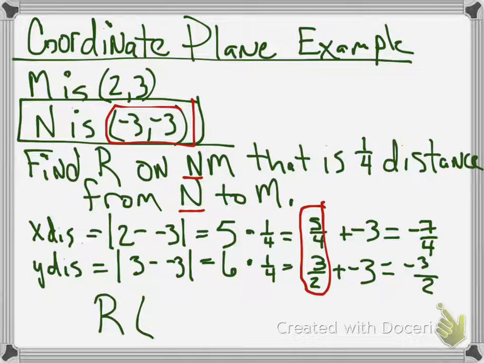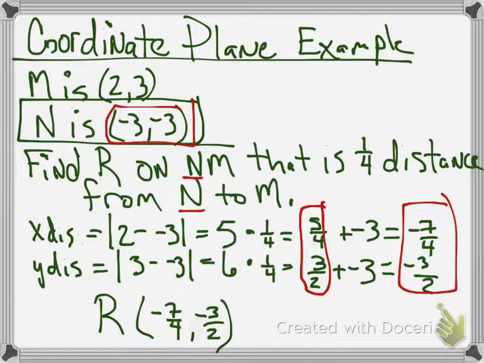Notice I added the X and the Y coordinates of N. That would give me the point R, that is 1/4 of the distance from N to M. As I'm going from N to M, the total distance represents 1/4 of the way there. Okay? Let me do one more example of that, and then we'll be done with this.